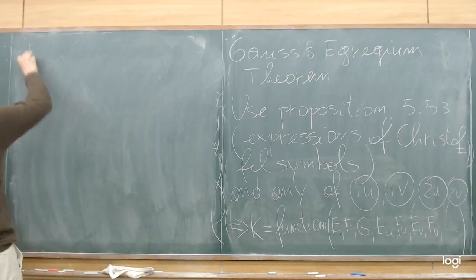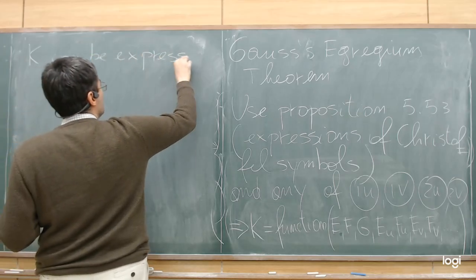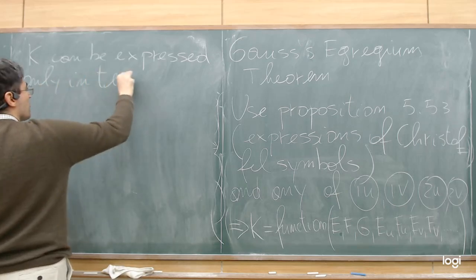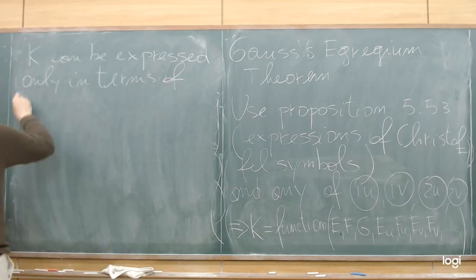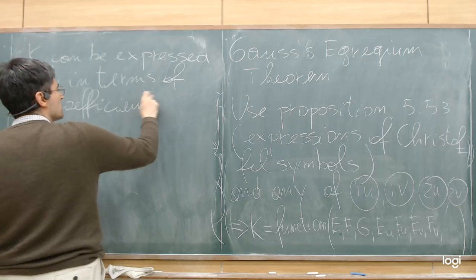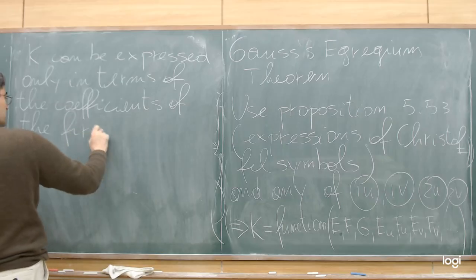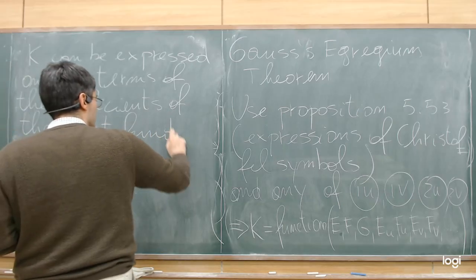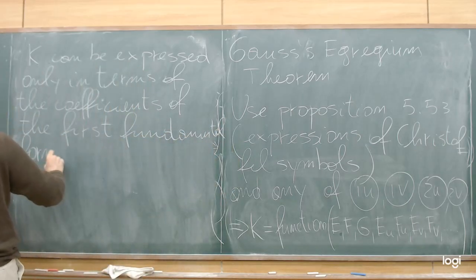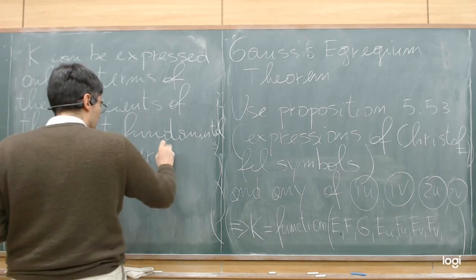Which says that K can be expressed only in terms of the coefficients of the first fundamental form and their derivatives.